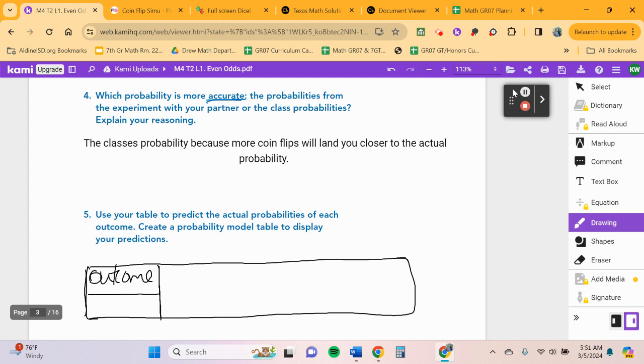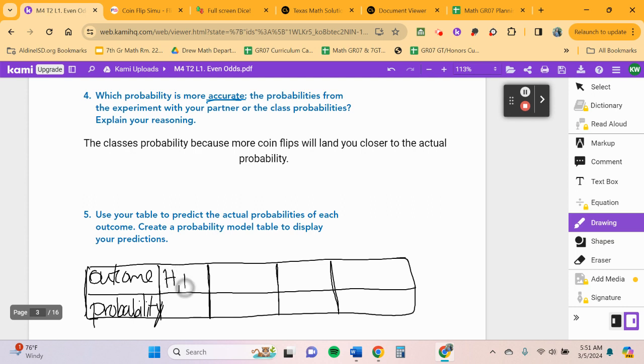So outcome on the top and the probability on the bottom. And then in there, you're just going to have your 4 outcomes, which were heads, heads, heads, tails, tails, heads, and tails, tails.